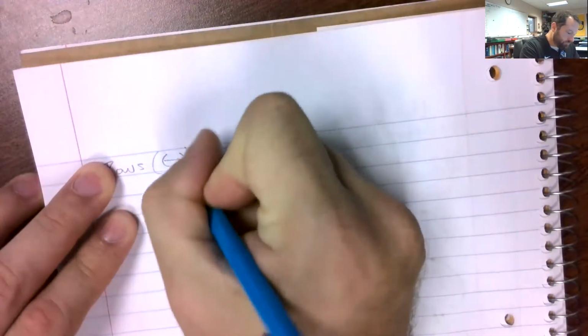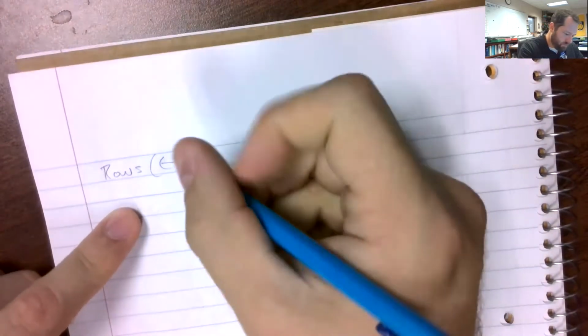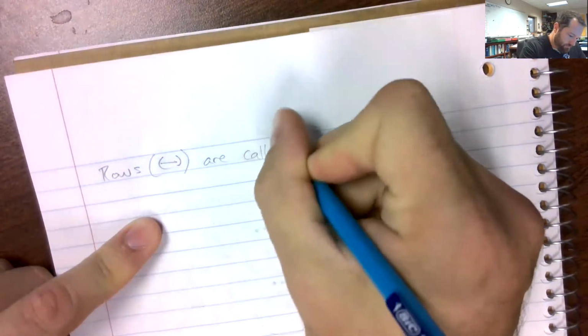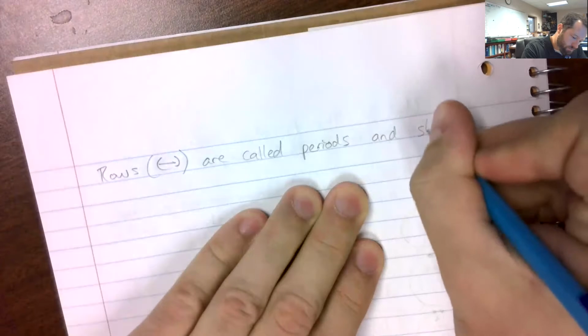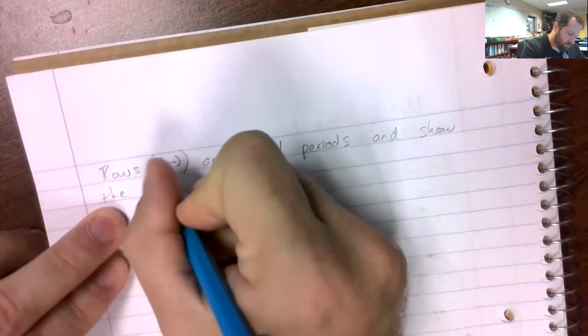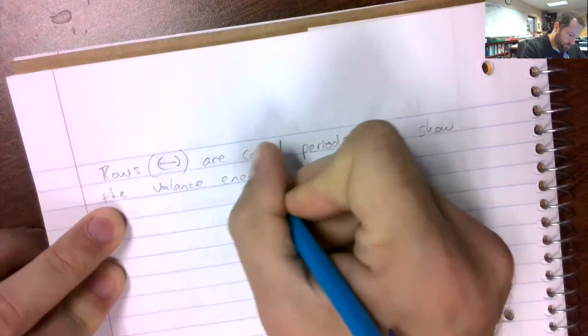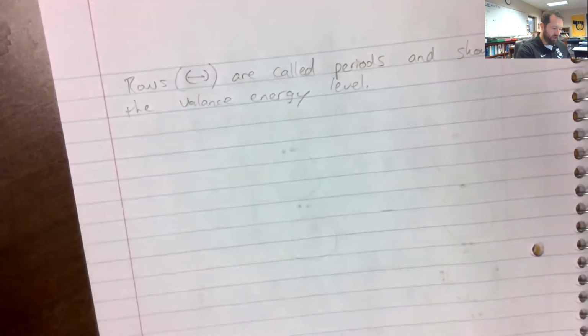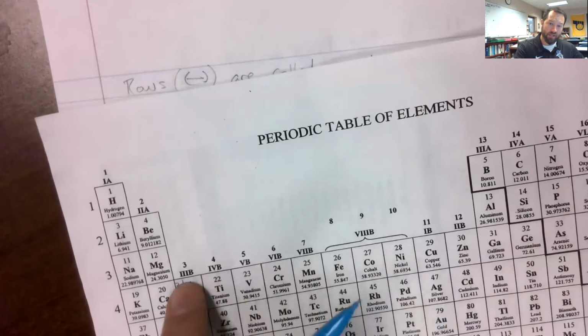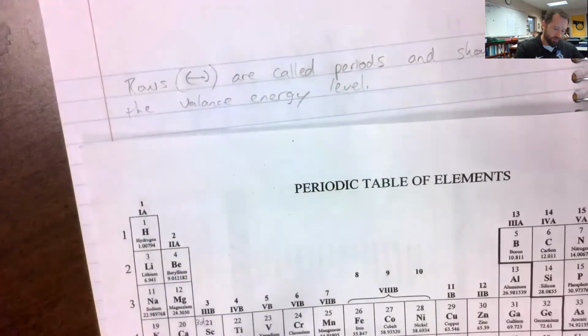All right, let's take a little closer look at the periodic table. So on the periodic table, rows, and if you aren't sure which way rows go, left and right, it might be helpful to add the arrow here, left to right, for rows.